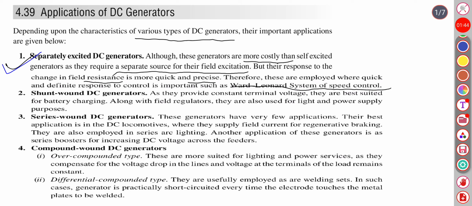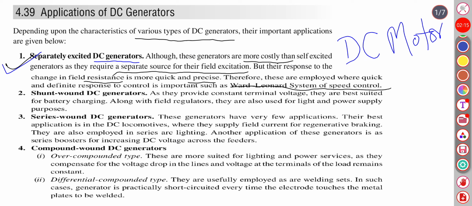This is the generator, but for reference I'm just telling you about separately excited DC motors, and these motors were capable of delivering constant torque at variable speed. After development in AC induction motors, the use of these DC motors was discontinued. So this is just for your knowledge only.